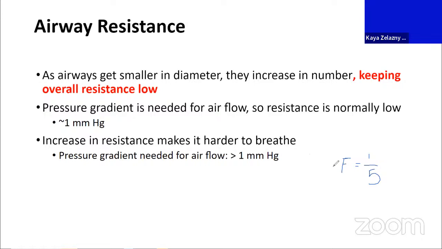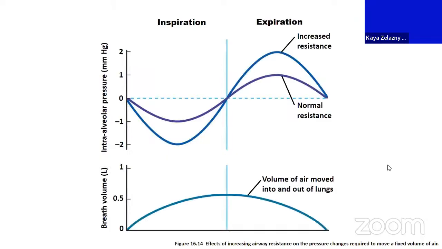We're not going to get much airflow. So as we have increases in resistance, it's going to make it harder to breathe. You'd need to create a lot more pressure in this system, a bigger pressure difference between your alveoli and the environment, if that's how much resistance you have. So we don't want resistance to go up.